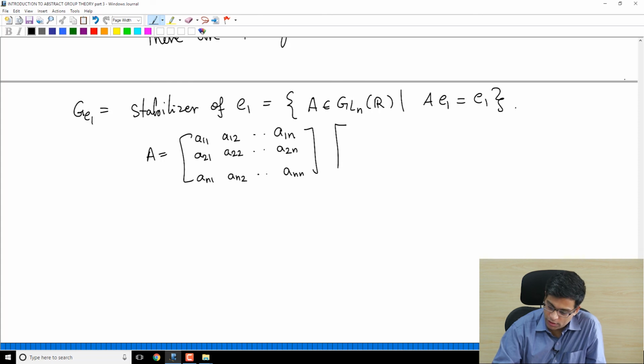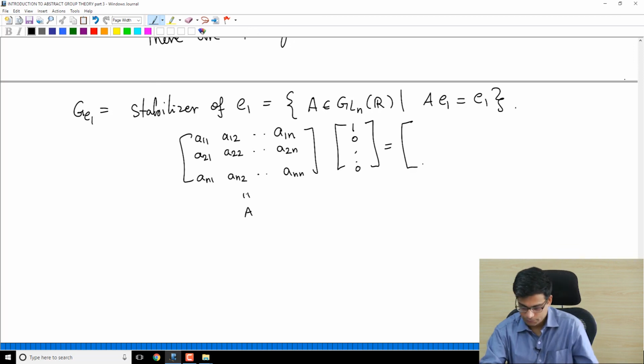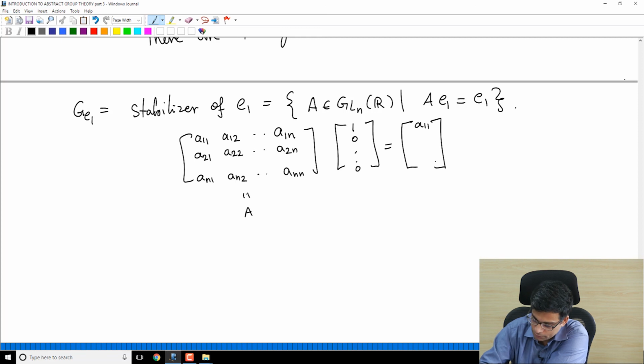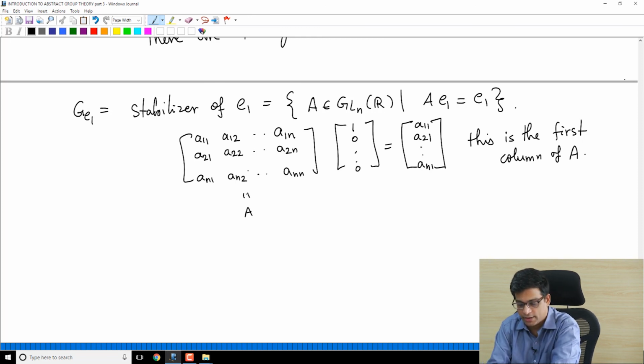And if you multiply this with e1, which is (1, 0, 0, ...), what do you get? If you are familiar with matrix multiplication, this is simply a11 times 1 plus a12 times 0, and the rest do not contribute. So that's just a11. The second row times the vector will give you a21, up to an1. So this is the first column. This is a property of matrix multiplication. When you multiply the matrix with the elementary vector e1, you get the first column.